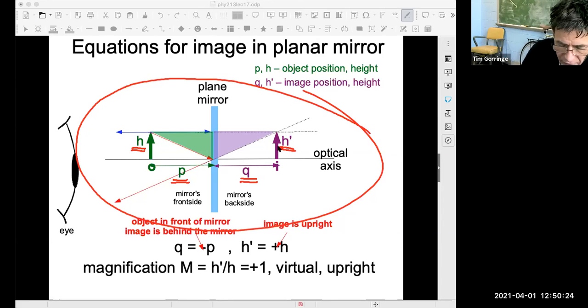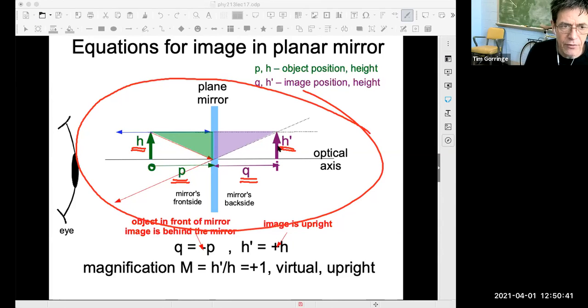I've just added to that ray tracing diagram from the last slide P and Q, the image and object positions, and H and H prime, the object and the image sizes.